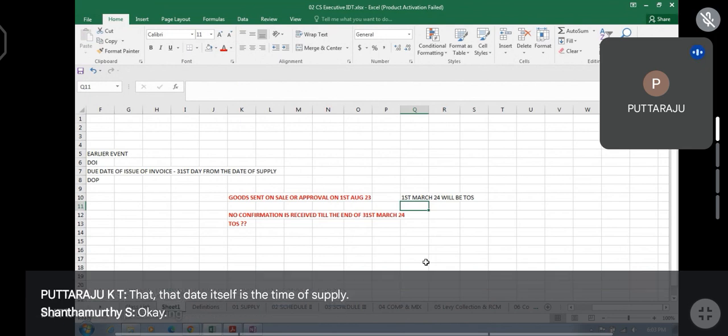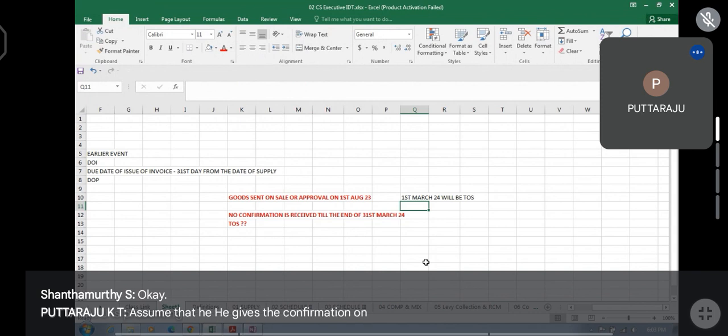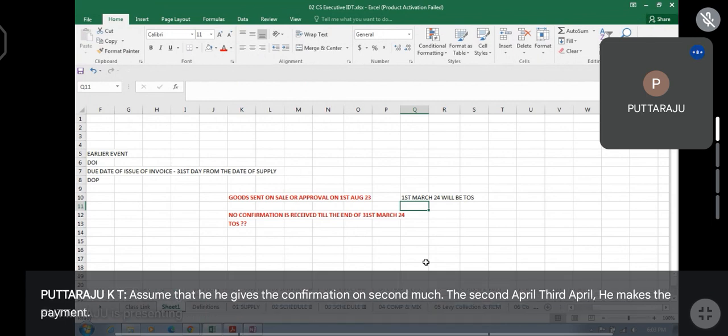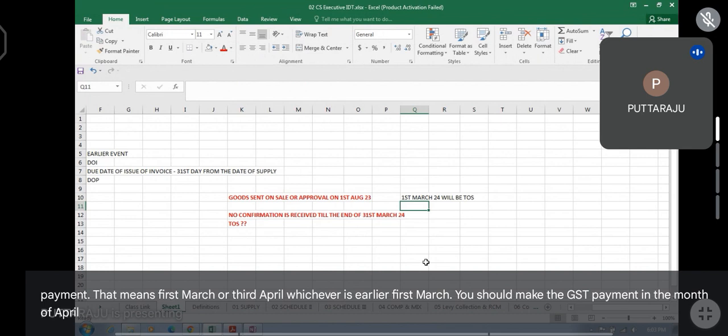Assume that he gives the confirmation on 2nd March, 2nd April, and on 3rd April he makes the payment. That means 1st March or 3rd April, whichever is earlier, 1st March. You should make the GST payment in the month of April for the March sales.